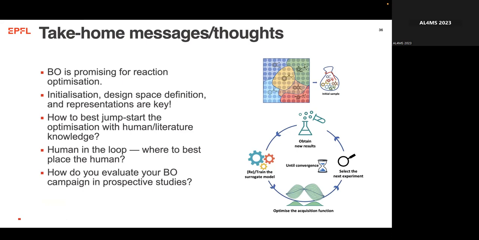So what are you thinking about the human? How can the human contribute to this loop? In which form would you sample the human? There are many ways I can think of sampling the human. But I think what we've seen so far is that optimization works best when you have this super constrained space, and this is all human intuition.